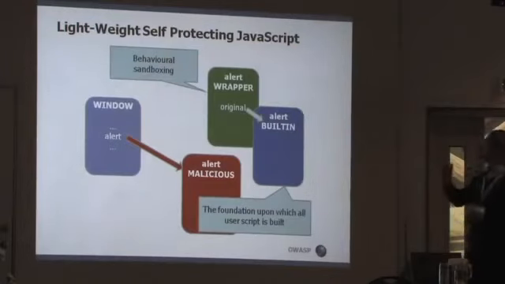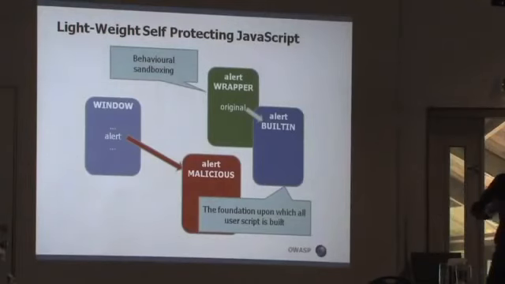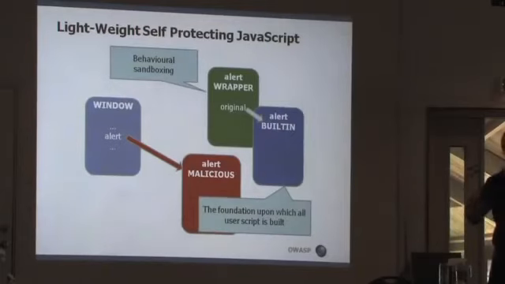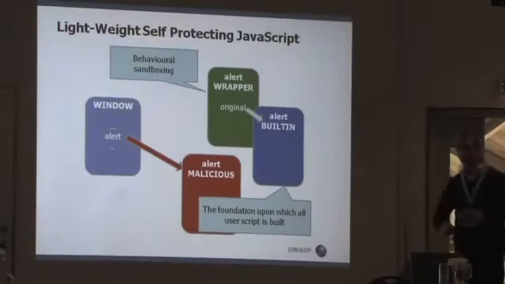And we only wrap built-ins because they are the foundations upon which the user scripts are built. They provide the functionality to user script, and if it's wrapped, or if we can control the behavior, then we can mitigate whatever code is executing, we can control it.